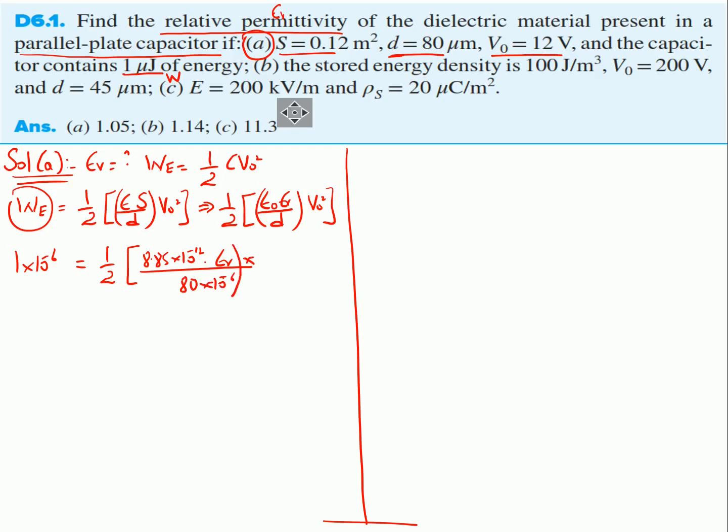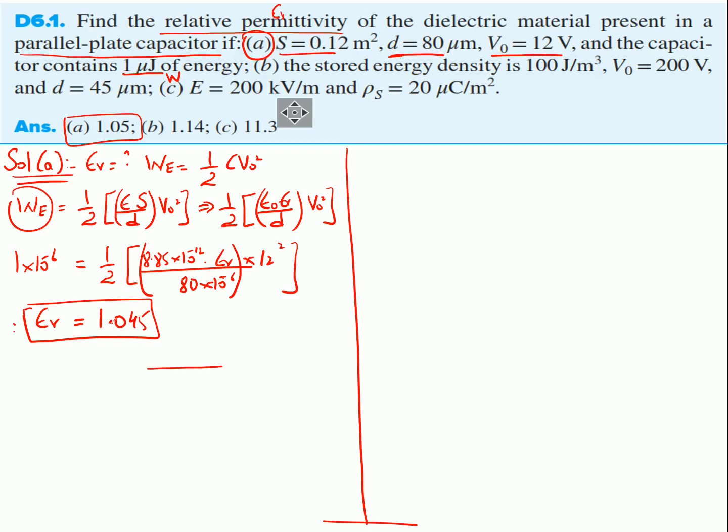So this is 12 squared and this is it. Once we input all the values and do the multiplication, the value of permittivity comes out to be 1.045. So this is the answer which we are getting for the permittivity in the first part.